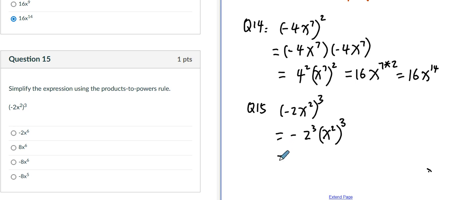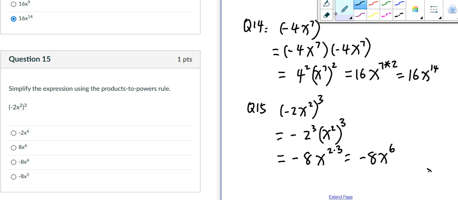So then we have a negative answer, and here will be 8, and here will be x to the 2 times 3, which is multiplication. I can write one more step. So you then have negative 8x to the 6th power. Okay.